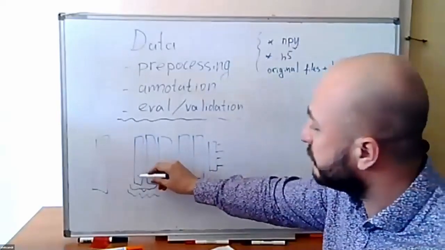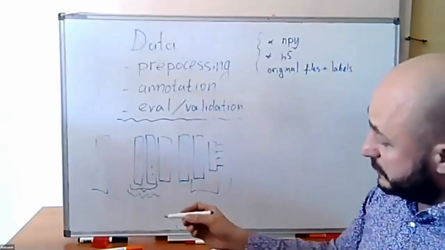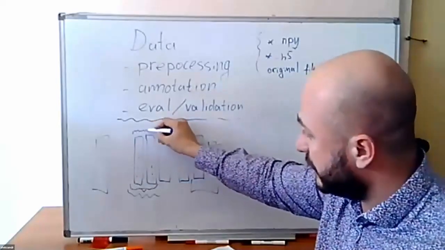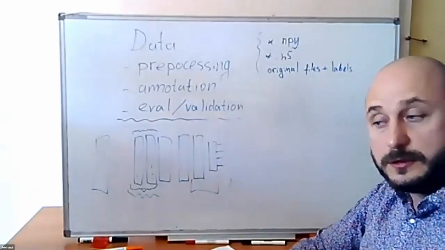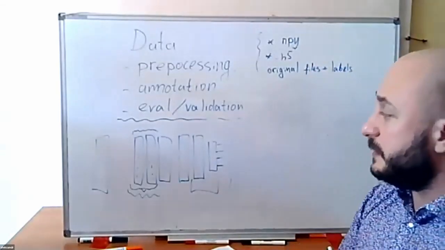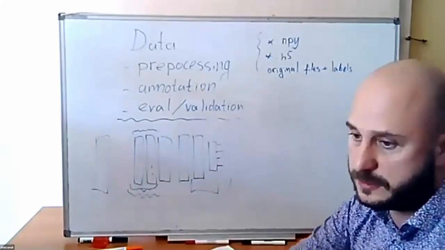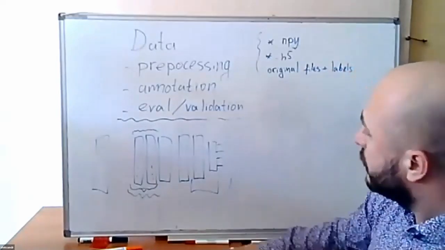Sometimes we can have several layers that we don't want to update. During the training process, we can freeze some layers, and they are not going to be updated. So we will train just a slice of our layers.